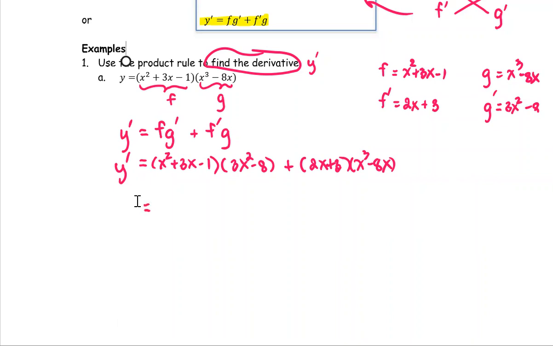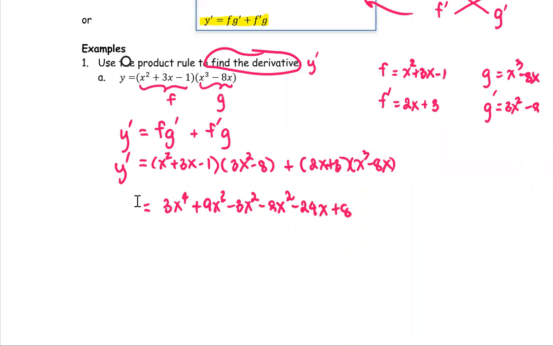I'm going to distribute the 3x squared minus 8 to the three terms in the front. Then we get 3x to the fourth plus 9x to the third minus 3x squared. And then do the same, multiplying every term in the front by negative 8, to get negative 8x squared minus 24x plus 8.